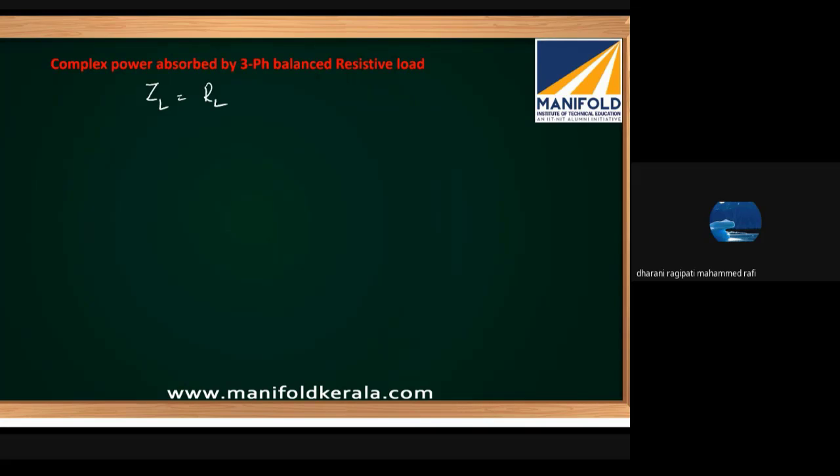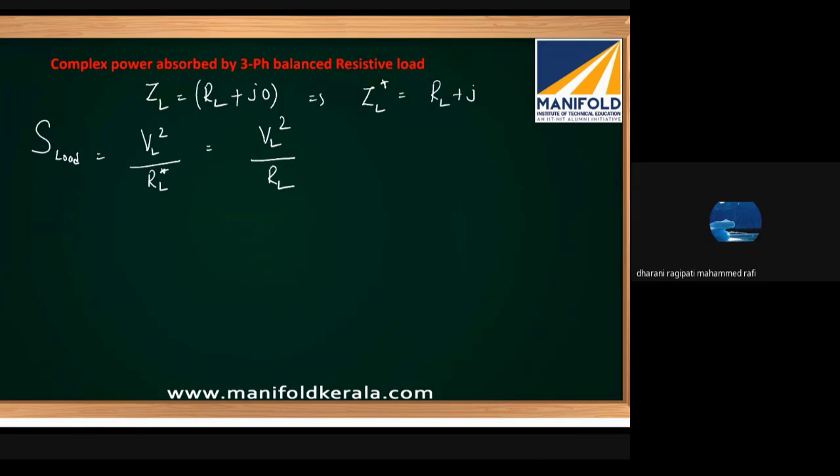So the complex power absorbed by the load will become V_L square by R_L conjugate. The conjugate of a real term is the same, so Z_L conjugate will become the same R_L plus j0.